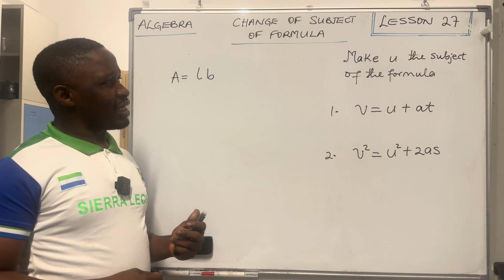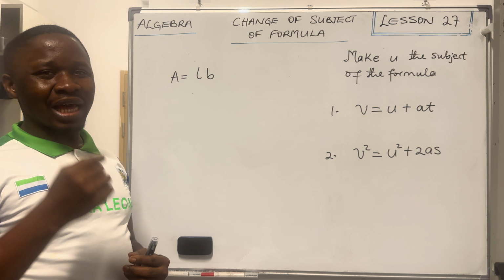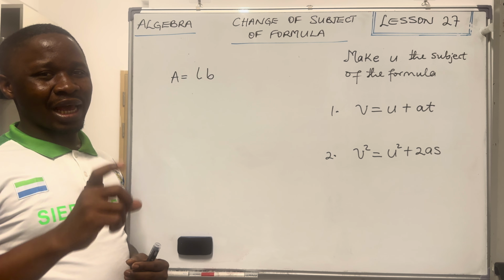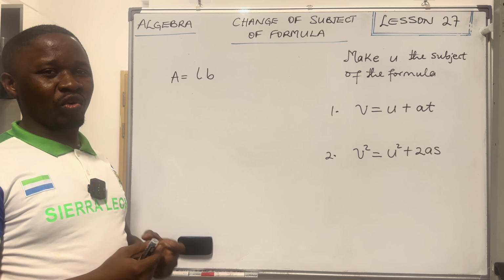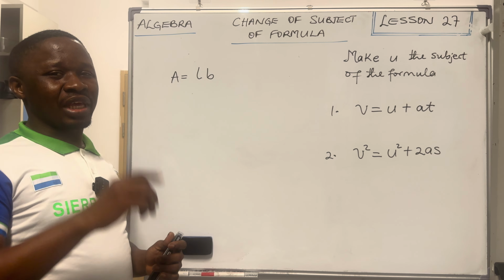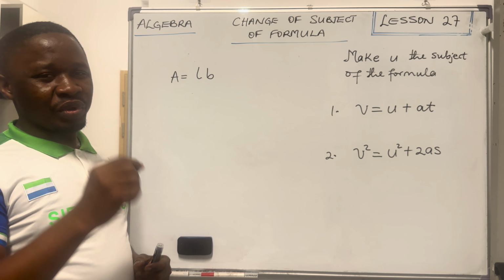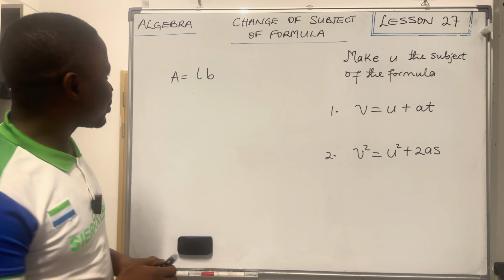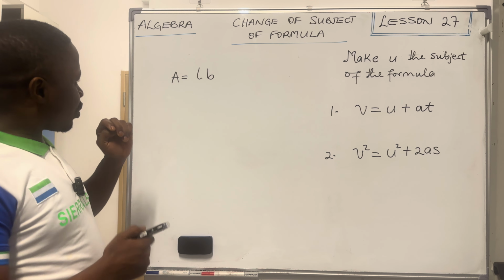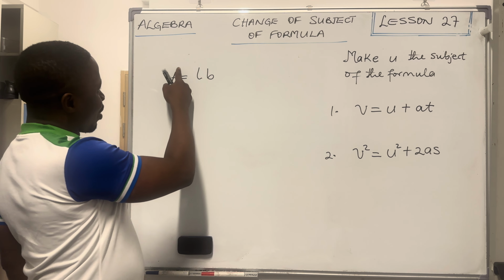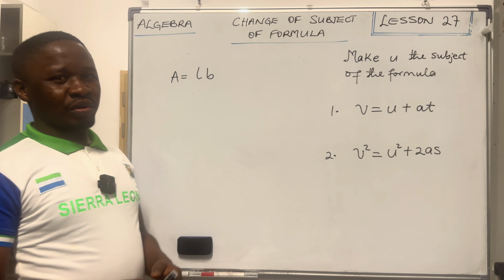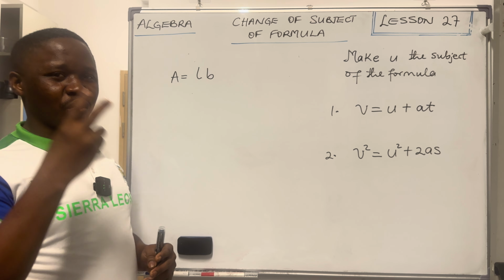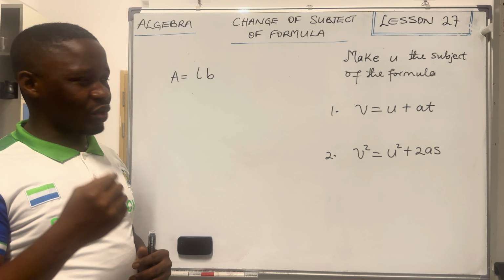Subject here is the variable that stands alone on one side, with a power of 1 and a coefficient of 1. Now, when you look at A, the power is 1, the coefficient is 1. So it satisfies those two conditions.